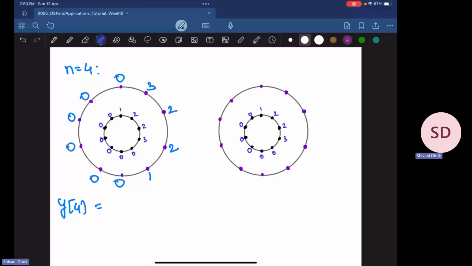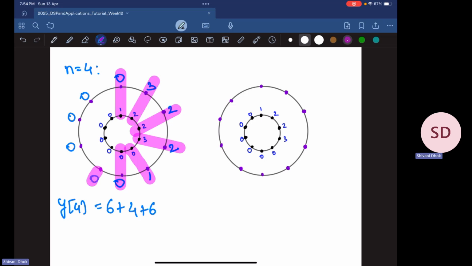Now y of 4. Then what do we have? We have 0 into 1 as 0, plus 3 into 2, which is 6, plus 2 into 2, that is 4, plus 3 into 2, that is 6, plus 1 into 0, 0, and the remaining terms are all 0. So this comes out to be equal to 16.